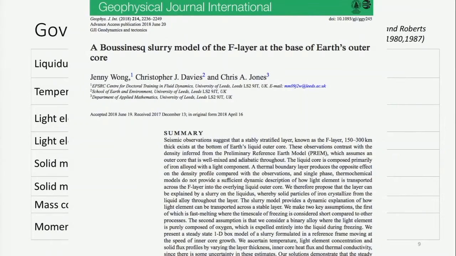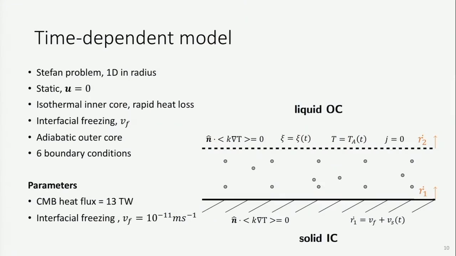In this paper, I also look at the steady state problem and find some solutions to that. But today I don't want to talk to you about a steady state problem. I'm looking at a more interesting time-dependent model. I basically treat the slurry as a Stefan problem, which is a class of boundary value problems that deal with phase transition and the associated moving boundaries.